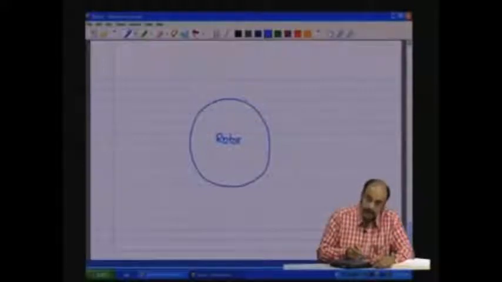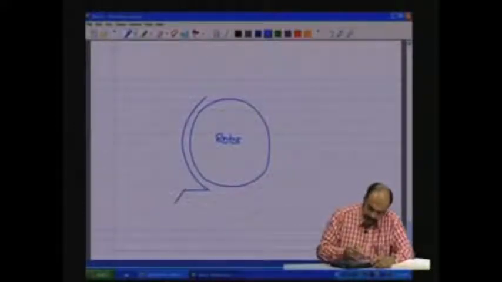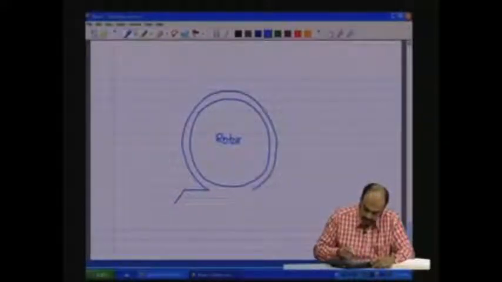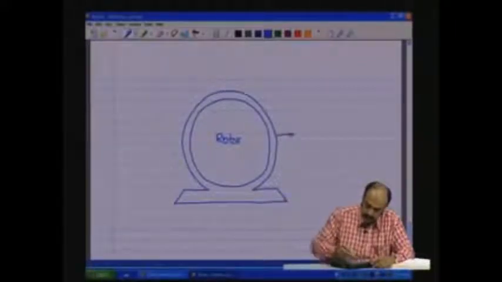And then there is another part which is fixed and stationary, and that is called the stator.